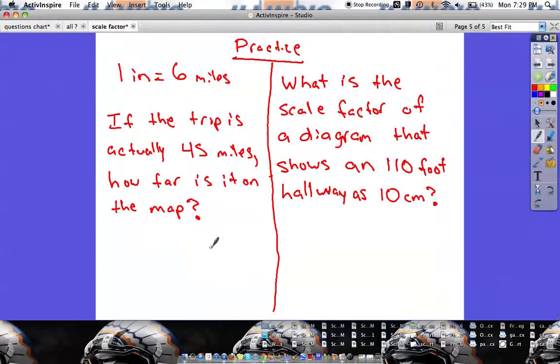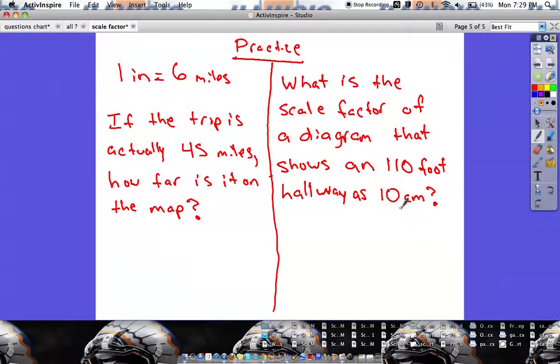I've got one of those here. I've got one where you're using the scale factor, and one where you're finding the scale factor. This one will be easy for you to do. I have confidence in that. This one should be too. Let's go over this real quick. If the hallway in the school is 110 feet, and that's 10 centimeters on the diagram, what's the scale factor?